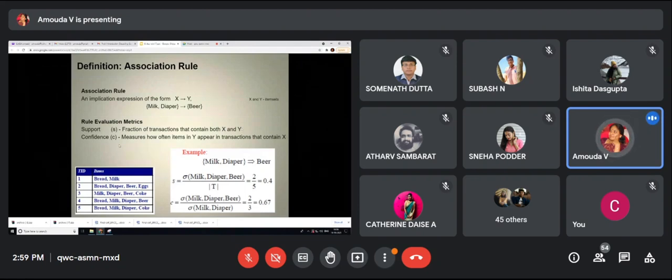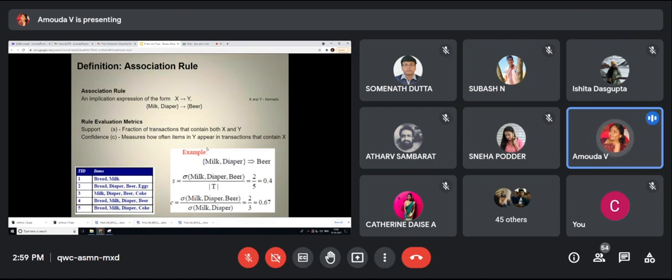Whereas confidence is a different measure of how often items in Y appear in transactions that contain X. What does it mean? How frequently does this Y appear in the transactions that contain X?